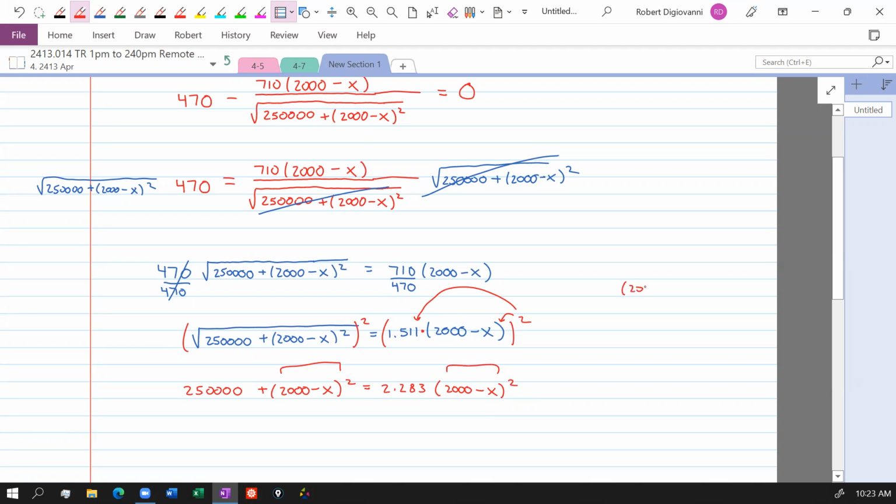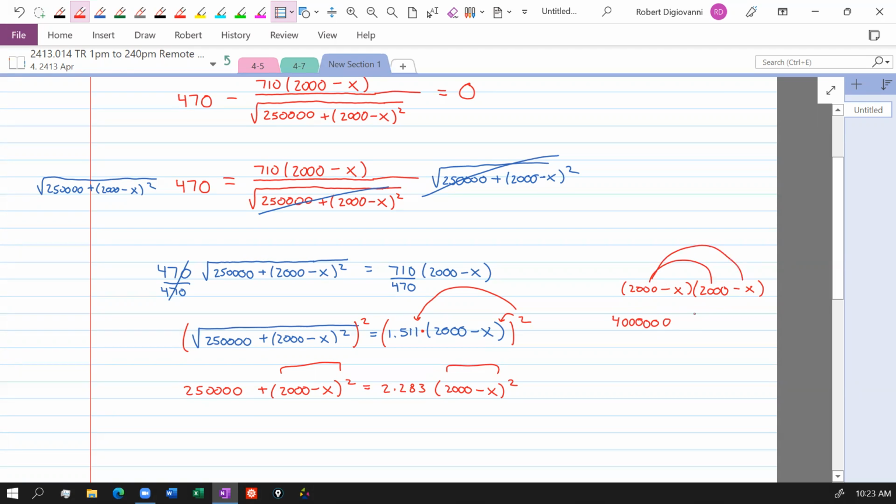So that means I'm going to take 2000 minus X and multiply it by 2000 minus X. So when I do that, again, you may need your calculator here, I get 4 million. And then, so that's this times this.